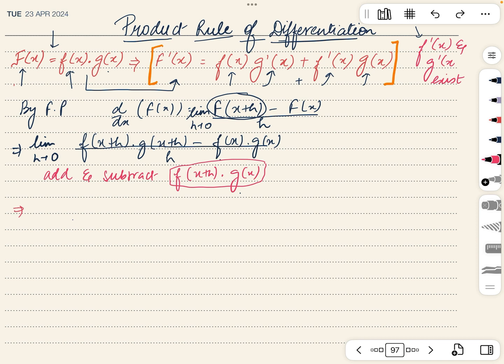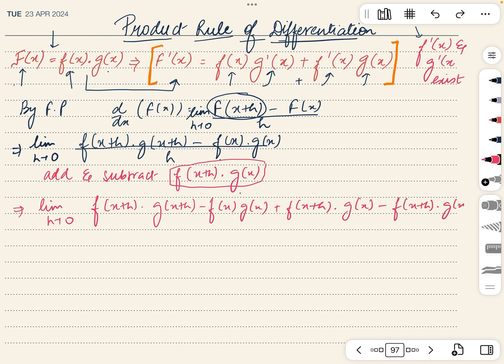So look clearly, limit h tending to 0, f of x plus h times g of x plus h, take away f of x, g of x, plus f of x plus h times g of x, take away f of x plus h times g of x. So ideally there has been no change in the equation. So this is what the function would look like.